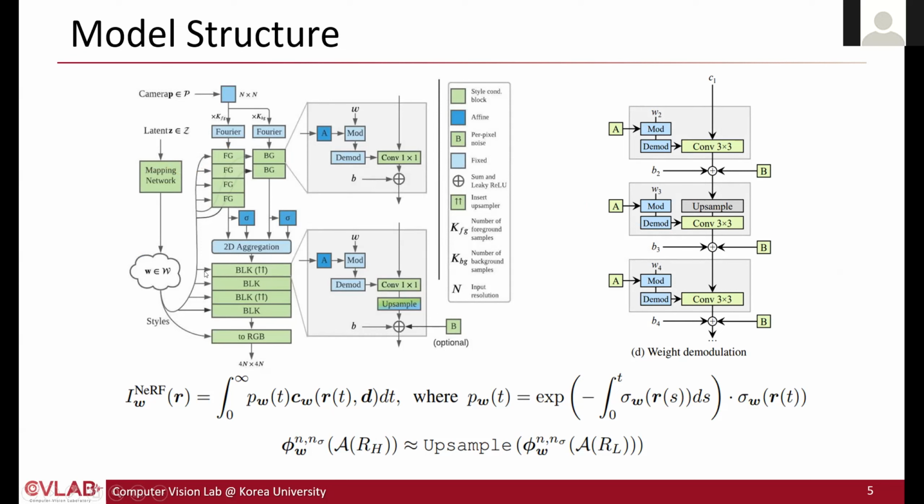And this also goes to the upsampling layers, which are used to get high resolution RGB layers. This is another mathematical formulation in StyleNeRF, but it is basically the same as presented in NeRF terms.